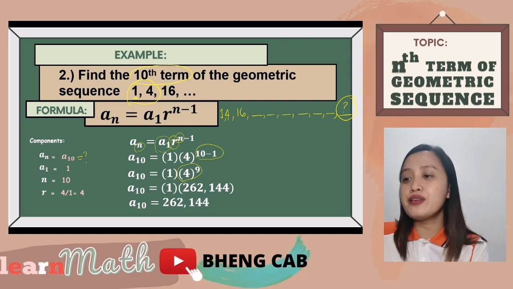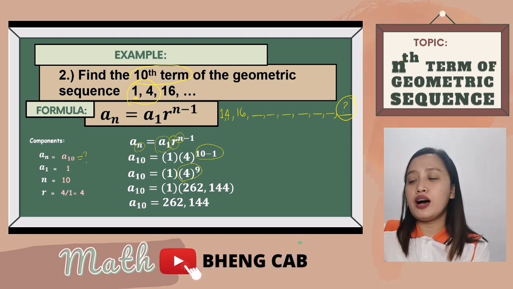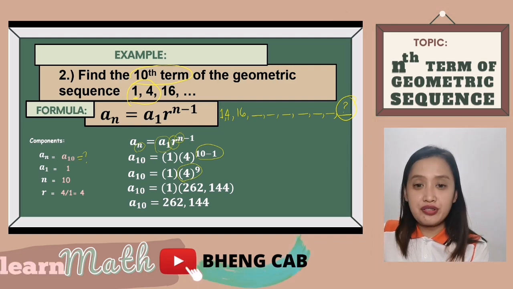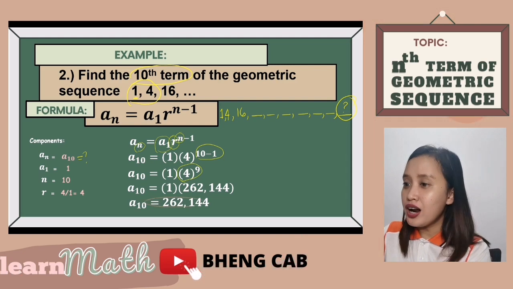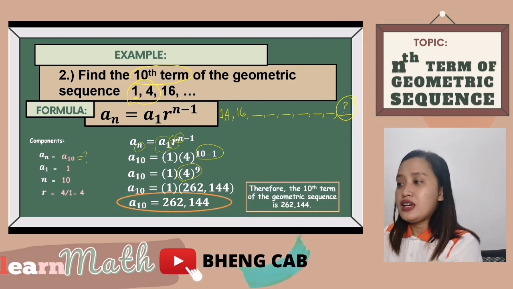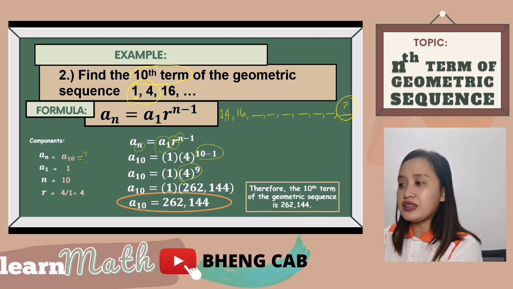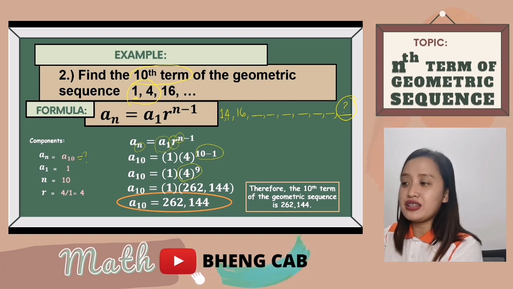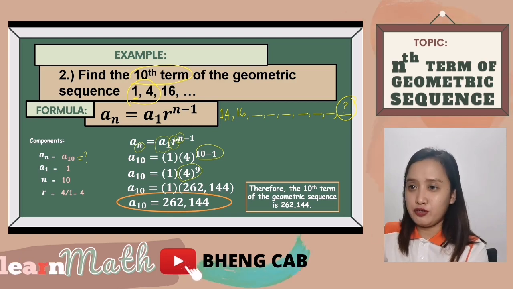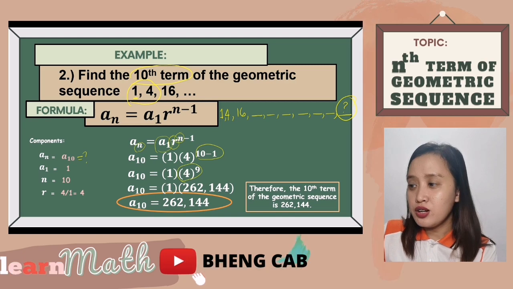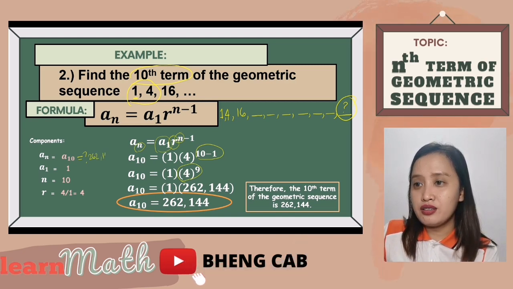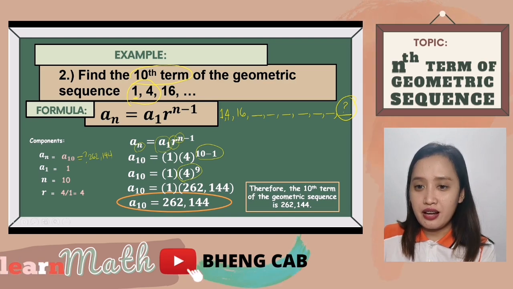And that gives us also a sub 10 equals 262,144. And therefore, our conclusion is the 10th term of the geometric sequence is 262,144. Or yung value niya is 262,144.